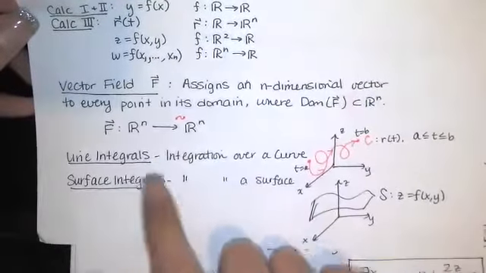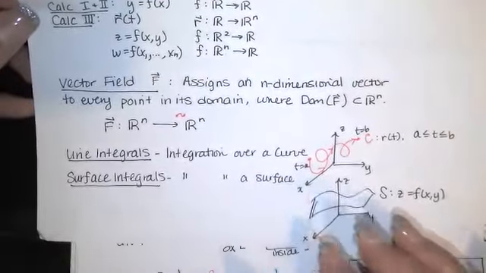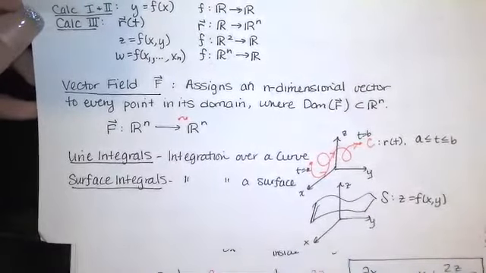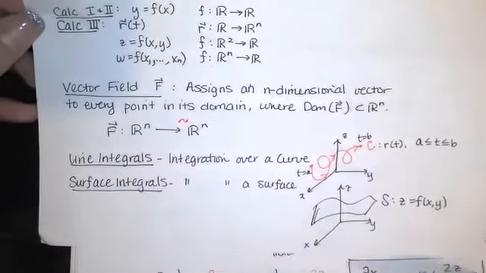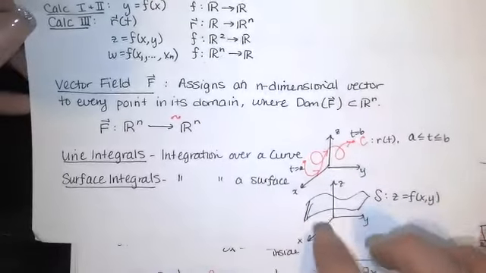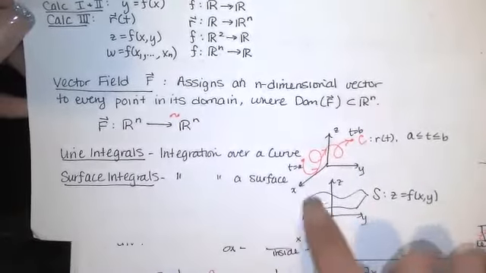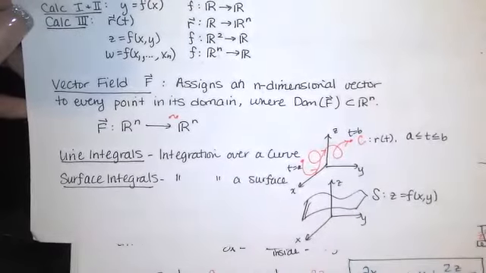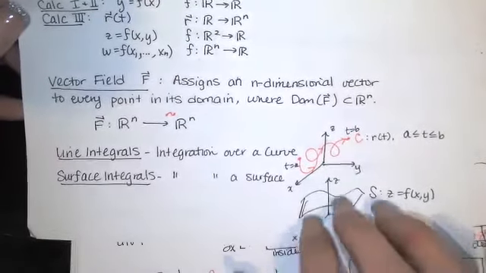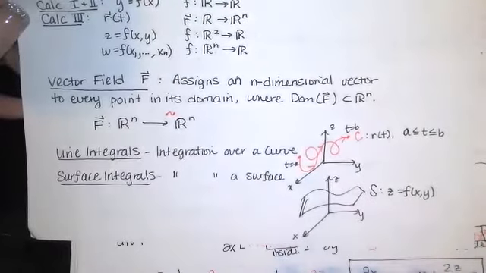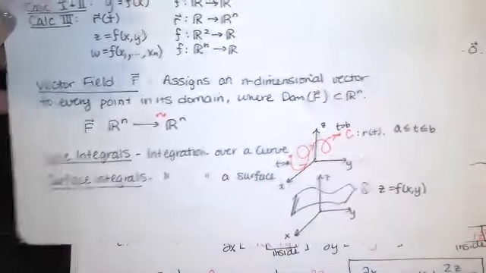And then we said what we're about to do is integrate over curves and surfaces. So we don't have to integrate over intervals anymore, and we don't have to integrate over either regions in the XY plane or regions in solid space. We can integrate over any kind of surface like this. Well, not every kind of surface, but most surfaces that satisfy certain conditions. We're going to be able to do that.